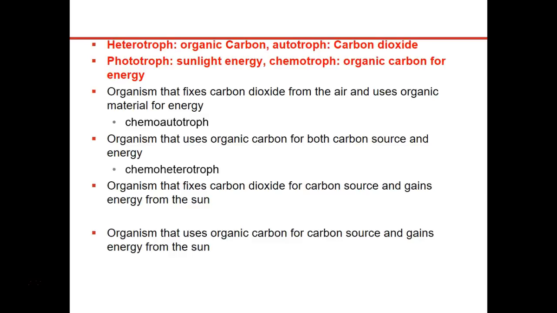You are a chemoheterotroph. Organisms that fix carbon dioxide for carbon source and gain energy from the sun are photoautotrophs. And organisms that use organic carbon for their carbon source but gain energy from the sun are chemoautotrophs.